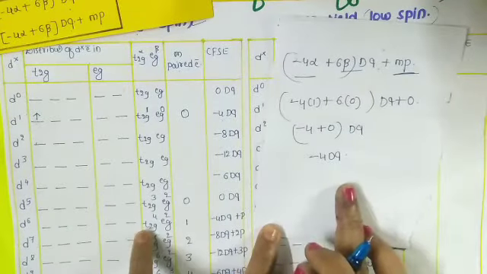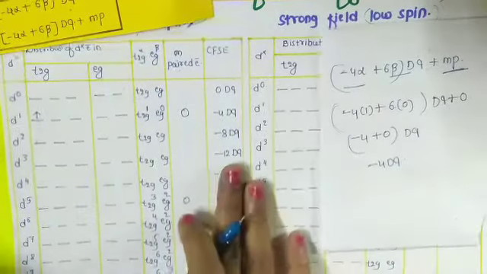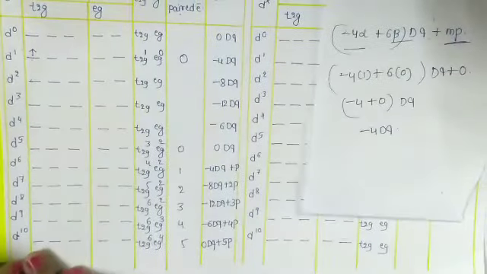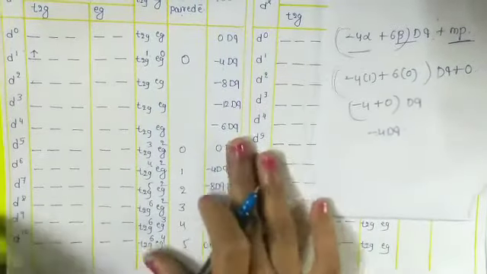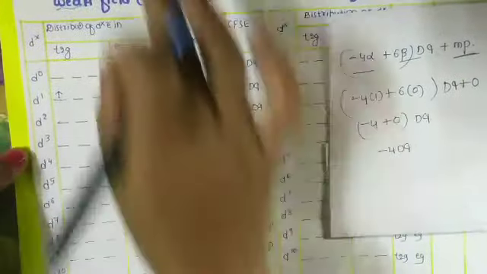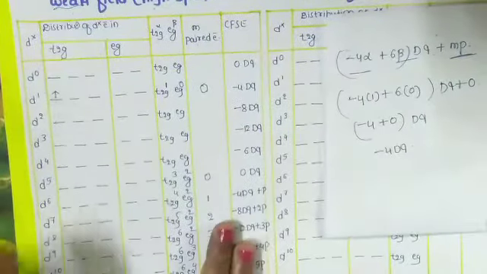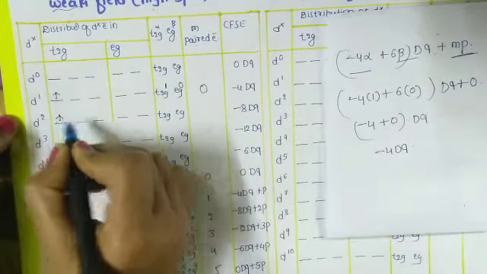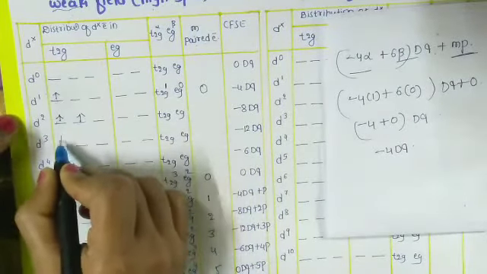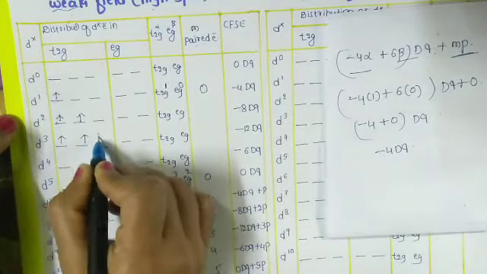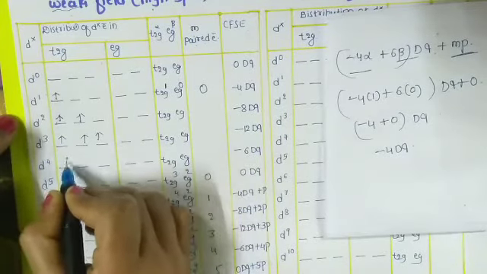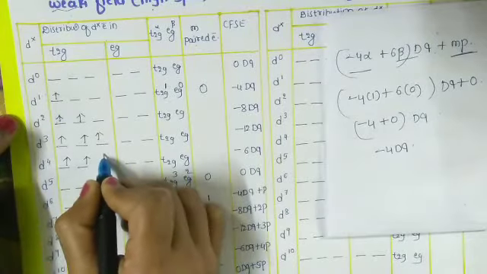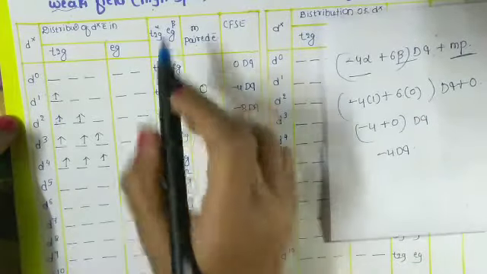Similarly you can calculate up to the d10 electronic configuration. First you should fill all these electrons up to d10. This is the d1. Next d2, 1 electron, here 1 electron, d3 1 2 and this is 3, d4 1 2 and this is 3, the fourth one goes high spin.